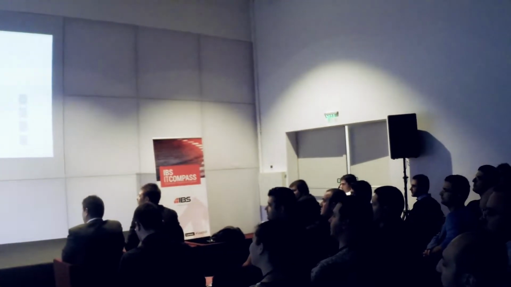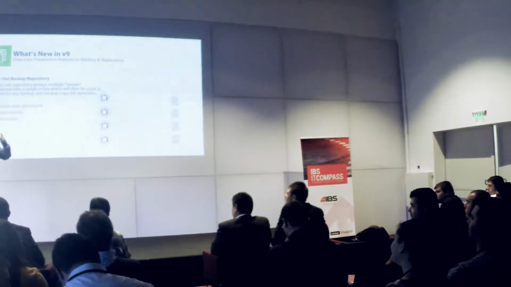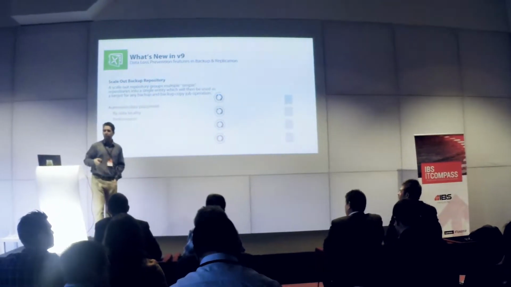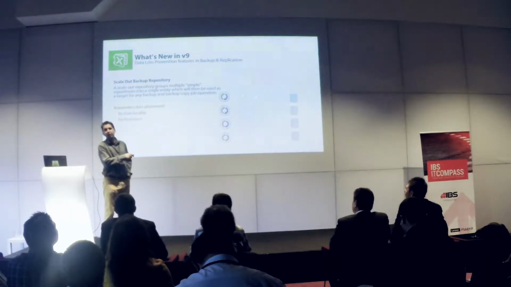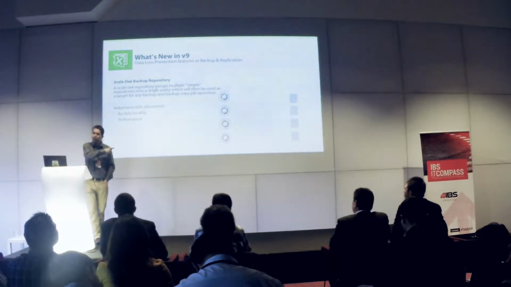Because one backup job, here on the left, those small circles that are spinning are the backup jobs, and these are the repositories. So basically one backup job can use only one repository. If you want to use a different one, you have to reconfigure that backup job to say, go to the next one because there is no more space on the first one.